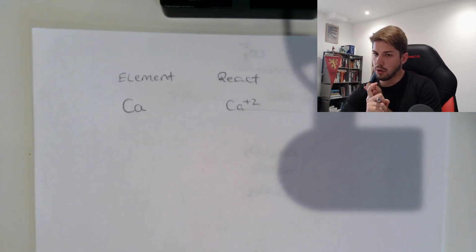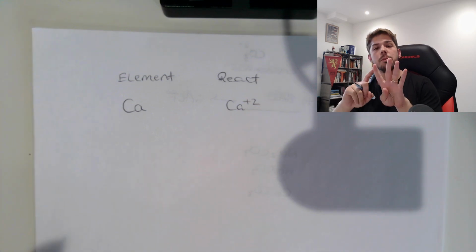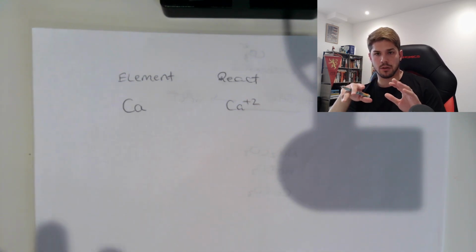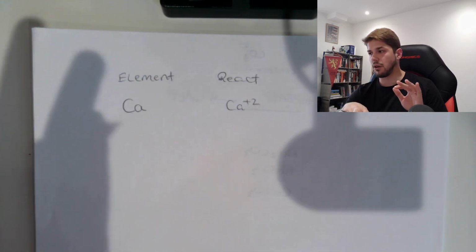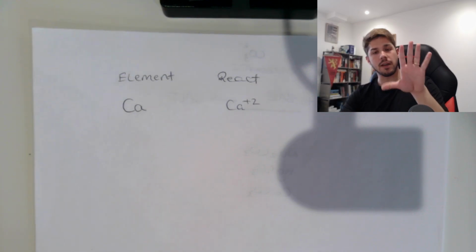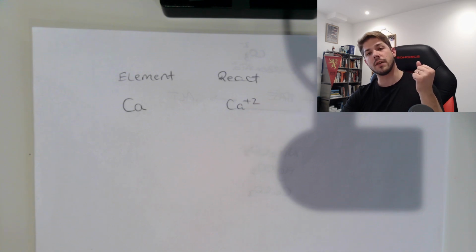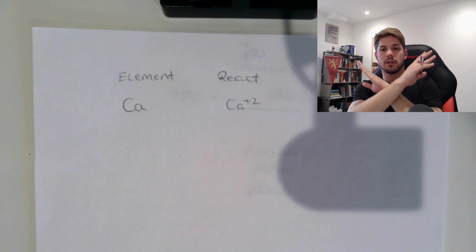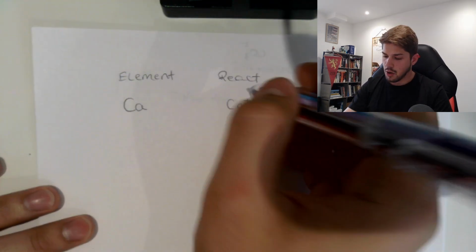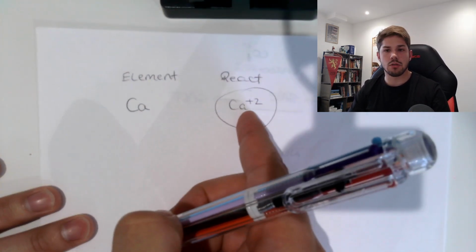Group 2, they're always plus 2. Group 3, they're always plus 3. Group 4, they do not form ions. So for example, carbon, there are no ions of carbon. Group 5, they're always minus 3. Group 6, like oxygen, is always minus 2. Group 7, like fluorine, is minus 1. And noble gases, they do not react. Okay? So calcium is calcium plus 2.